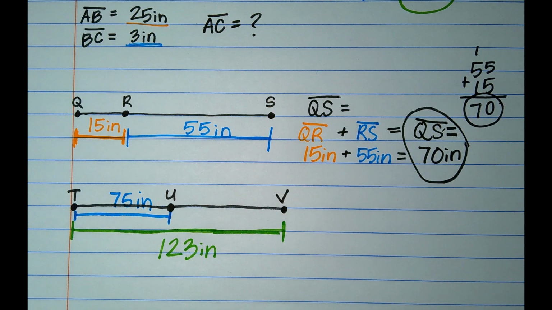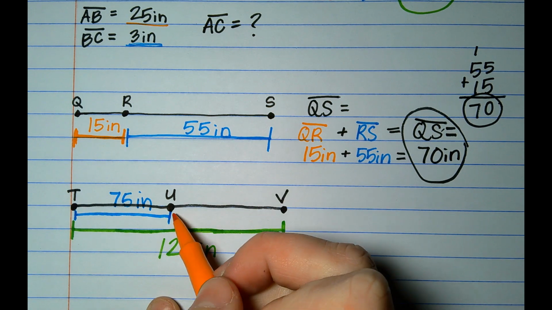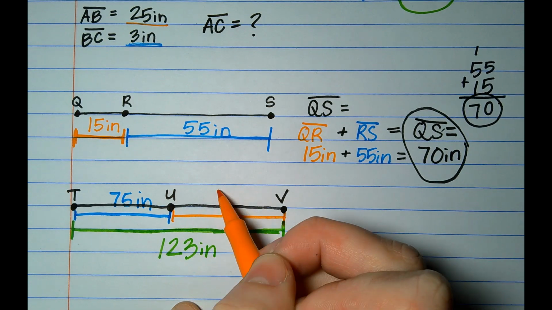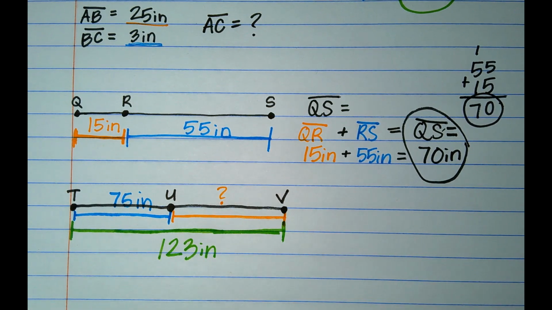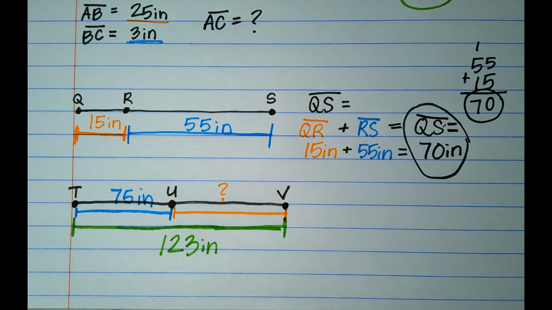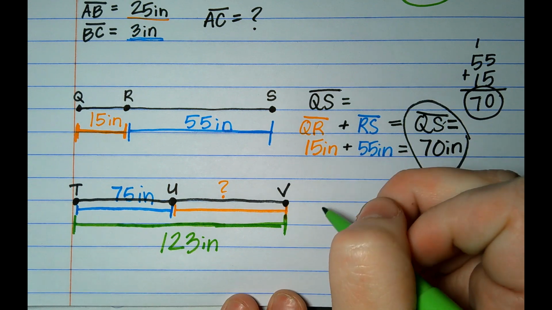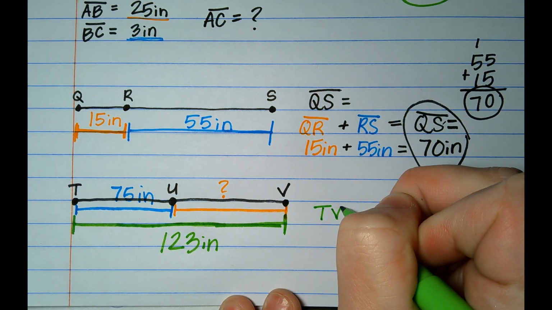Now don't say it out loud if you know how to do it. Give everybody a second to try to figure it out on their own. How could I, don't say it out loud, how could I solve for U to V? Think about it for a minute. I'm gonna give you a few minutes to think, and then I'm gonna give us a minute to share if you think you know how to do it.